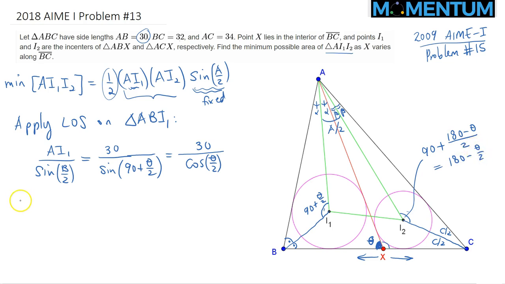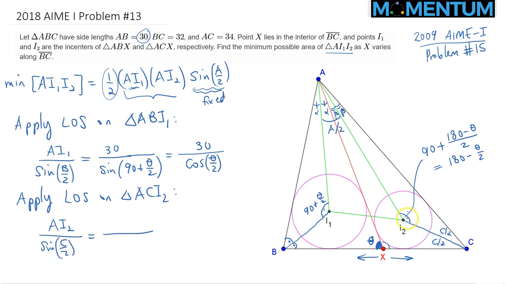So 90 plus 90 is just 180 minus theta over 2. Then finally, we're applying the law of sines on triangle ACI2. We would get AI2 divided by sine C over 2 equal to the length opposite, this is AC, which is 34, divided by sine of that angle here.